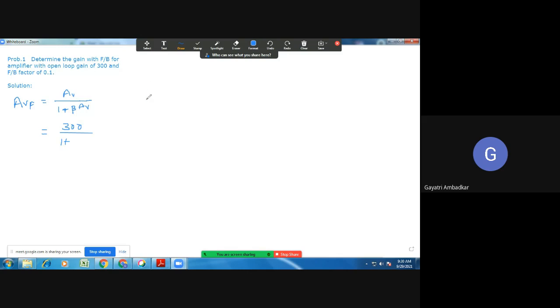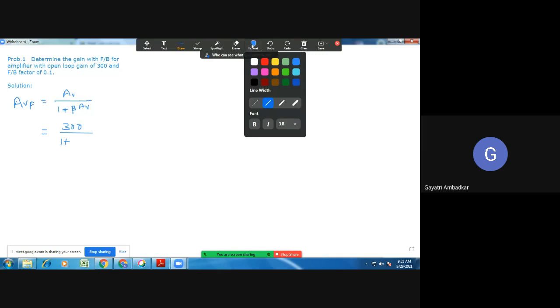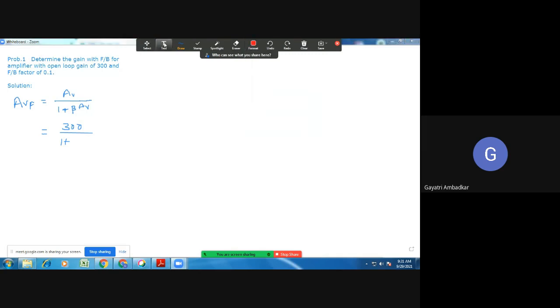So beta is given here as 0.1. You can write here given data: AV equal to 300, and second, feedback factor beta is given as 0.1.